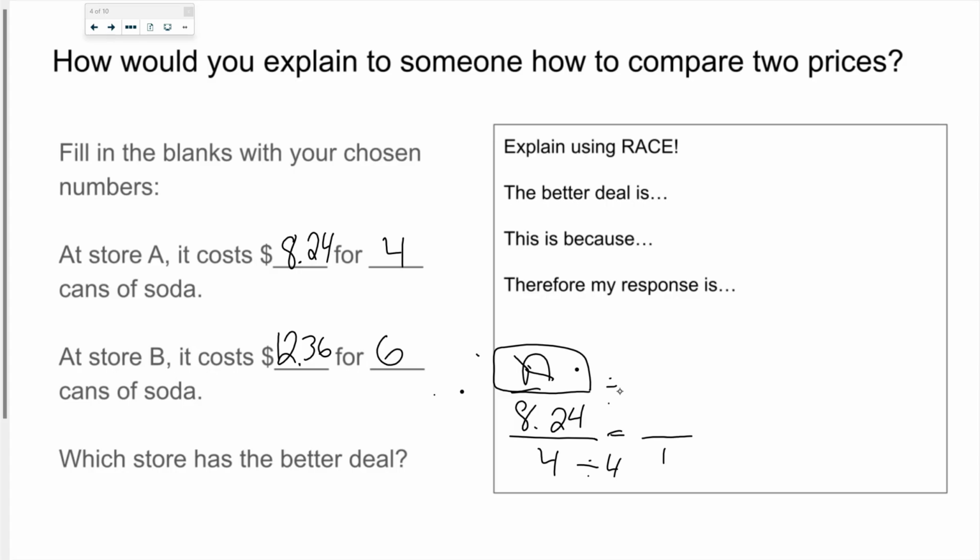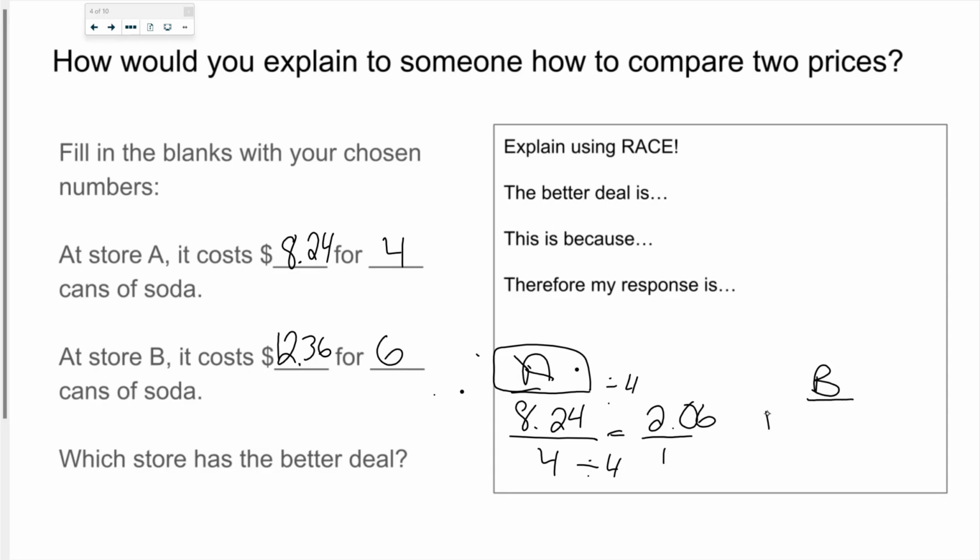If we divide the number of cans by 4, we have to divide the price by 4. $8.24 divided by 4 is $2. And then 24 cents divided by 4 is 6 cents. So at store A, it's $2.06 for 1.